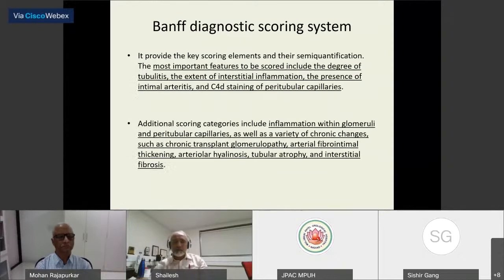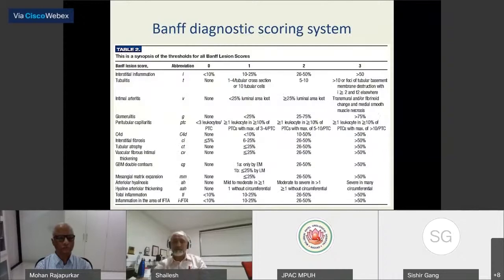So basically, it is a semi-quantitative scoring system, and features are scored: degree of tubulitis, extent of interstitial inflammation, presence of intimal arteritis, as well as C4d staining of peritubular capillaries. And here are the various Banff lesions and how to score them, like interstitial inflammation, written as small i, which is scored as grade 0, 1, 2, and 3.